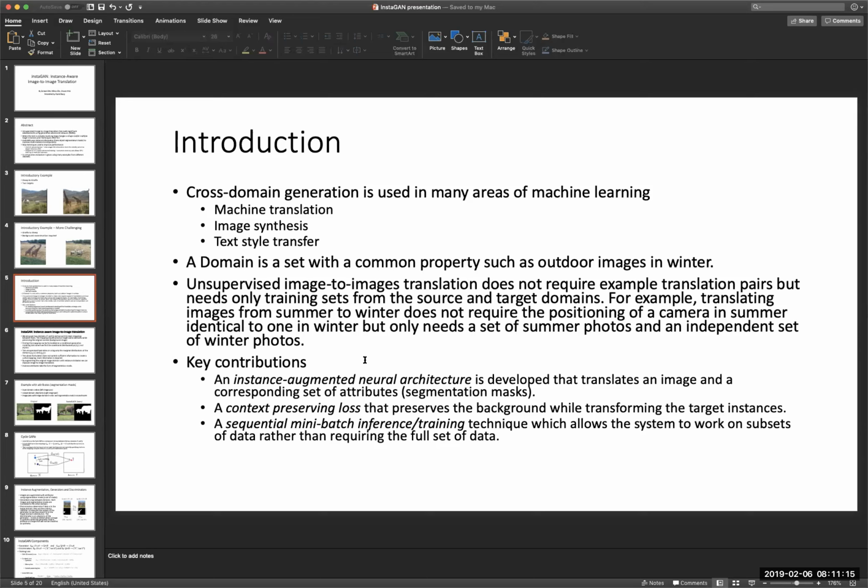So it preserves the background while transforming the target instances. And then it also develops a sequential mini-batch inference training technique, and that's a kind of practical technique that allows it to do training on subsets of the data rather than have to use the entire data set, which would not be practical due to GPU memory constraints.